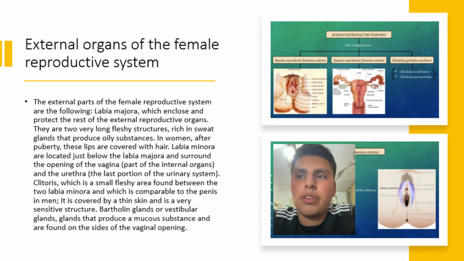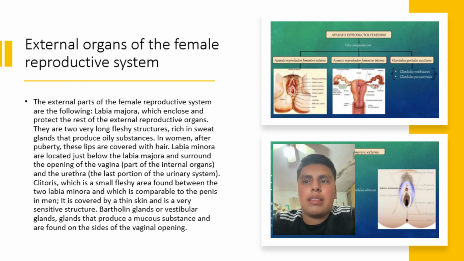External organs of the female reproductive system. The external parts are the following: labia majora, which enclose and protect the rest of the external reproductive organs. They are two very long fleshy structures, rich in sweat glands that produce oily substances.